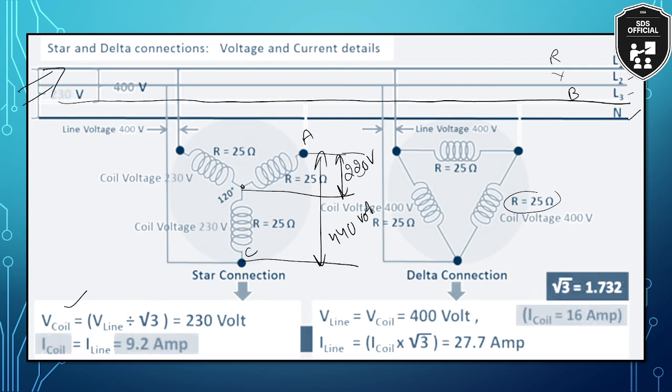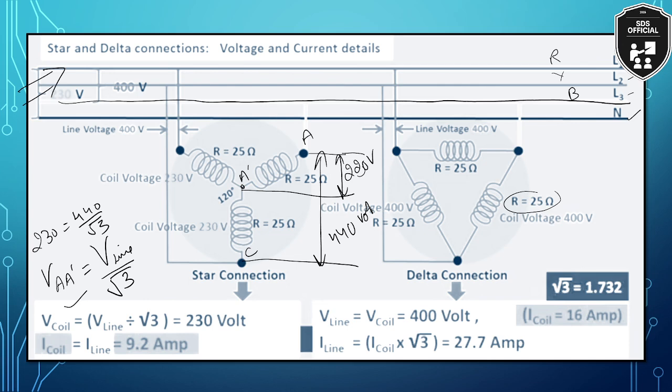Let us say this is A dash. The coil voltage, the voltage between A and A dash, is equal to the line voltage divided by root 3. That is, 230 volts is the result of 440 divided by root 3. There are particular derivations for this concept; I am only discussing it here for your information.